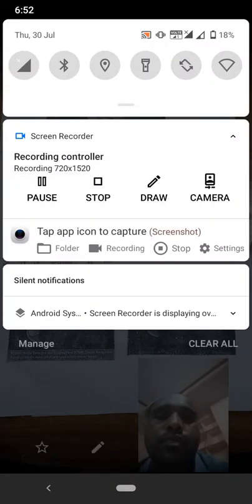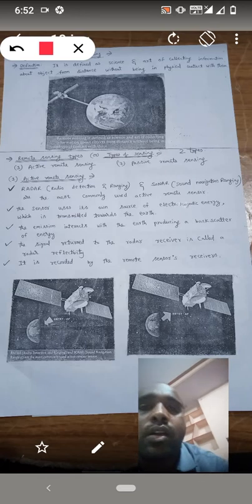So geographical information is collected by satellite without any contact. By rays or signals we are taking the geographical information and collecting the information.